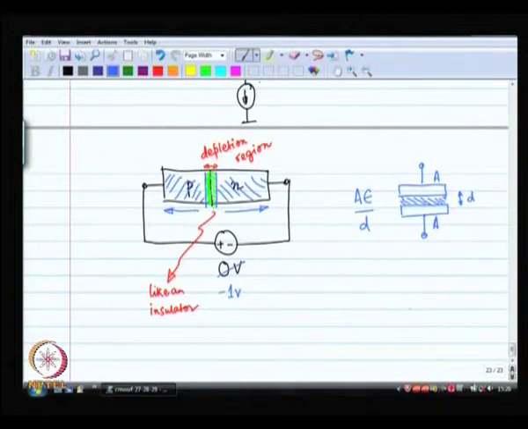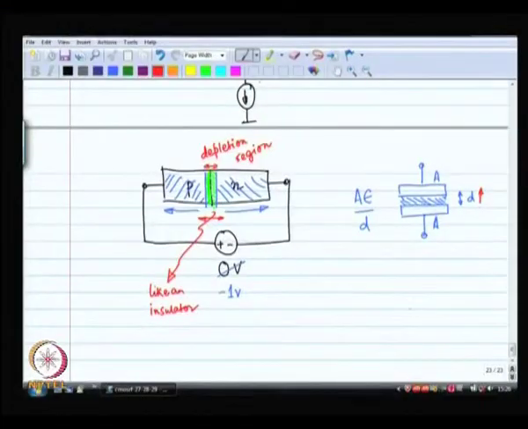So, effectively the depletion width increases. The more you reverse bias it, the more the depletion width. If D increases, the capacitance decreases.